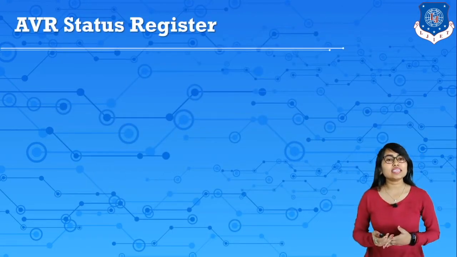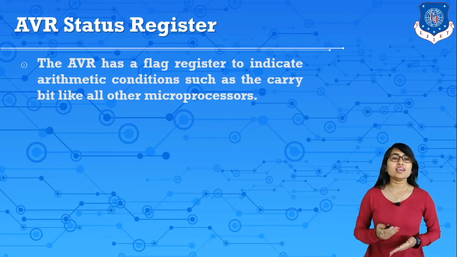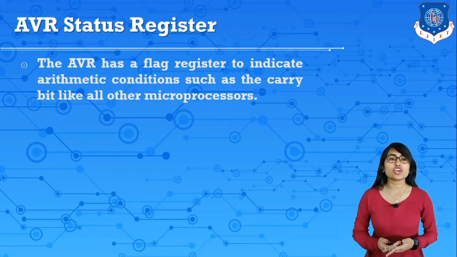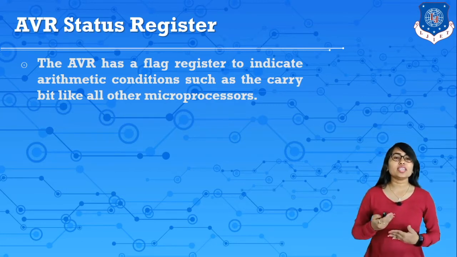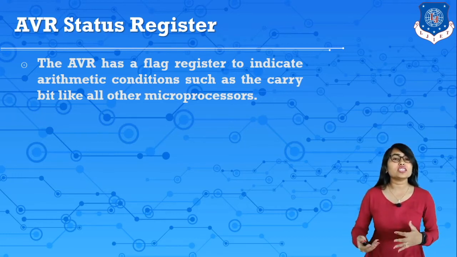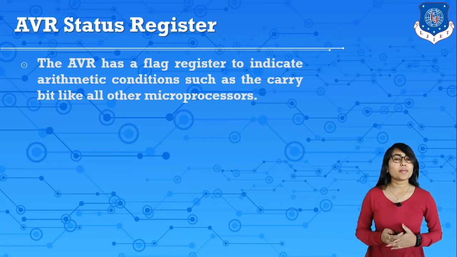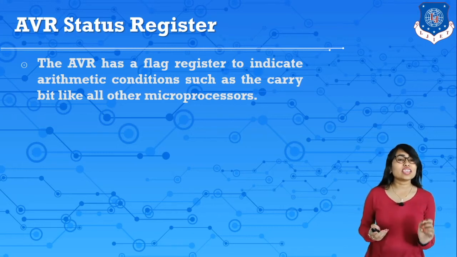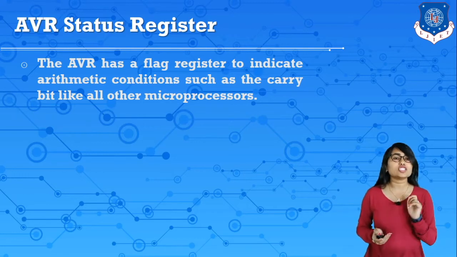Then next, in an AVR there is a status register. The AVR has a flag register to indicate arithmetic conditions such as carry bits and other kinds of bits, like other microprocessors. So this flag register indicates the status of the AVR microcontroller.